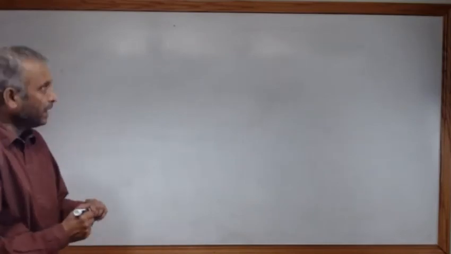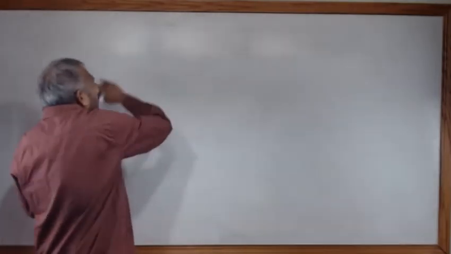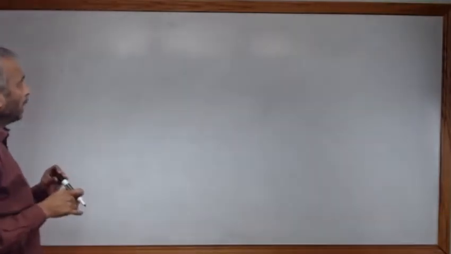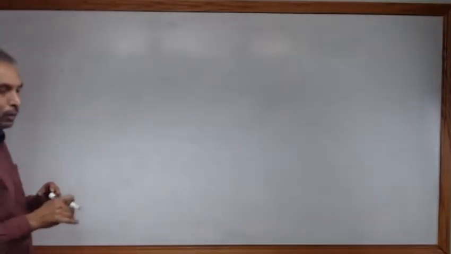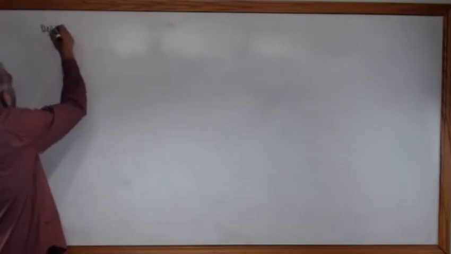Now let us define an automorphism and derive a condition for a subgroup to be normal. So, first definition is an automorphism.